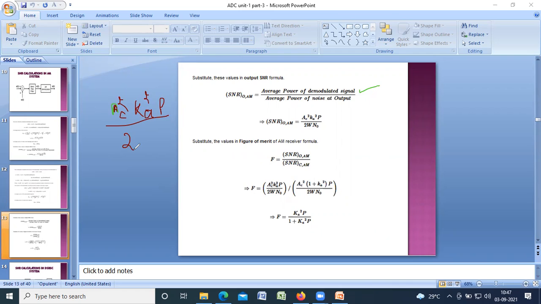Yes, ma'am. Okay. And second, divide by average power of noise and output, और वो कितनी है? That is W into N naught. Now put all the values in this equation and find out the signal to noise ratio for output. Do it fast.